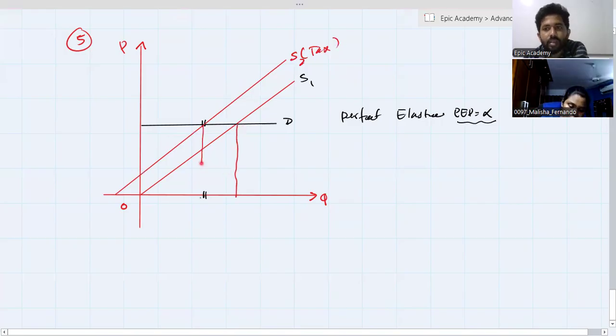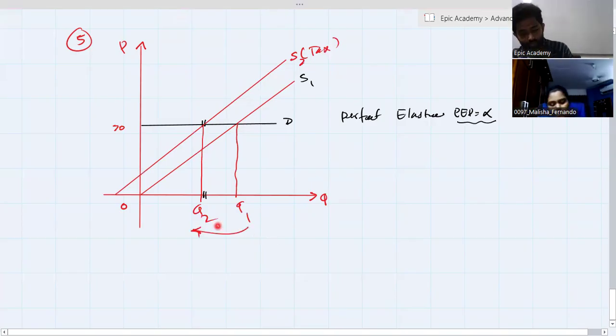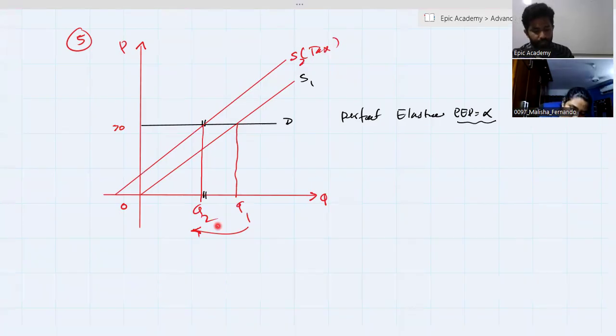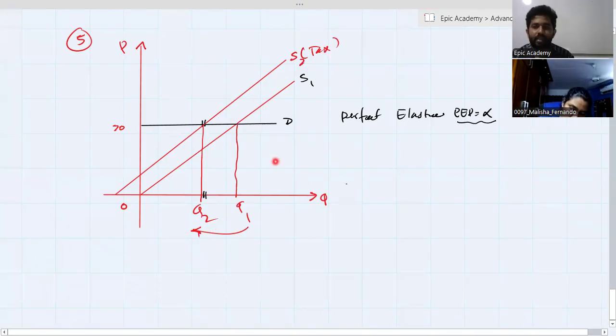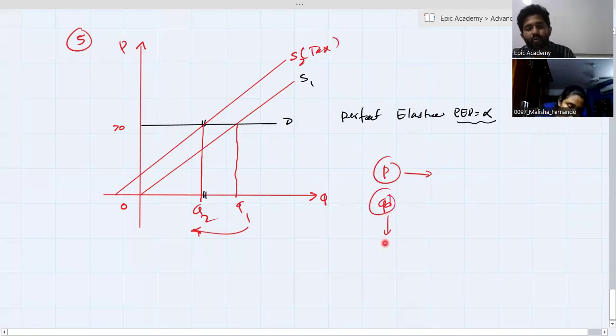Same price. Only the quantity changes; the quantity reduces. So imagine that kind of situation. No change in the price, but the quantity demanded reduces. So who will win the battle? Consumer.